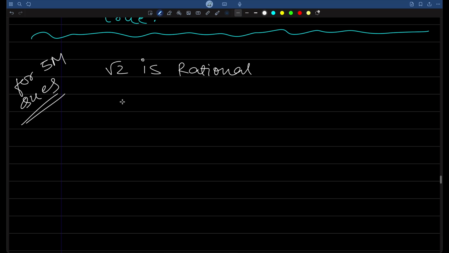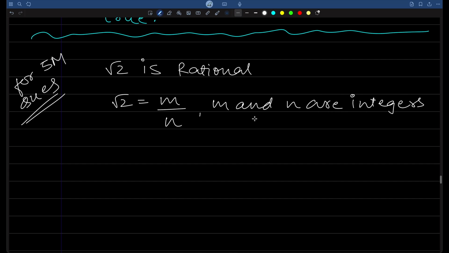So if root 2 is rational, then we can represent root 2 as m upon n, where m and n are integers, n not equals to 0, and we will assume m and n are co-prime.